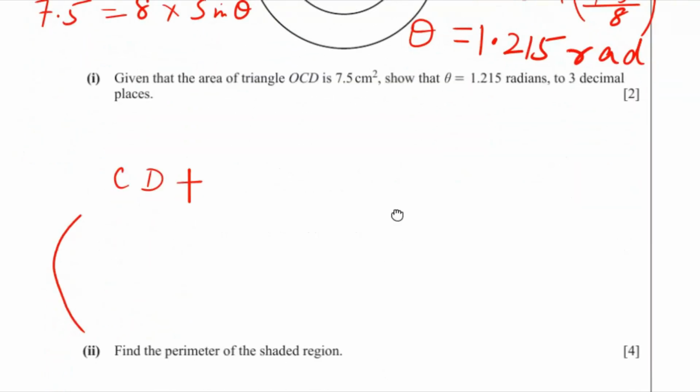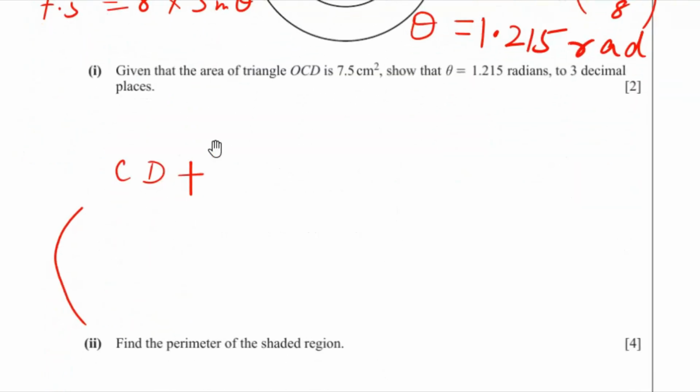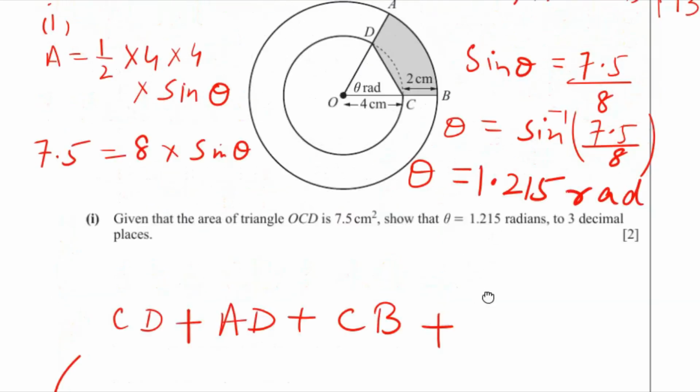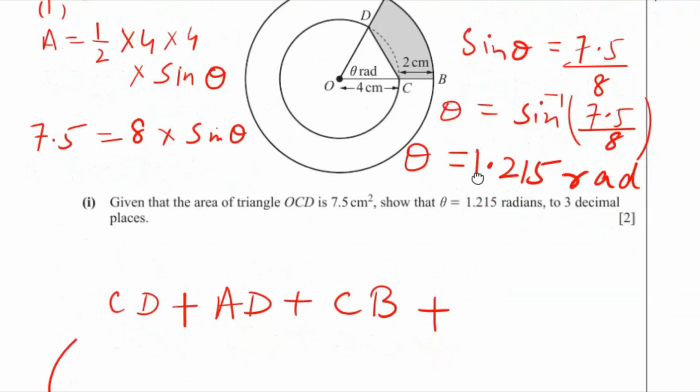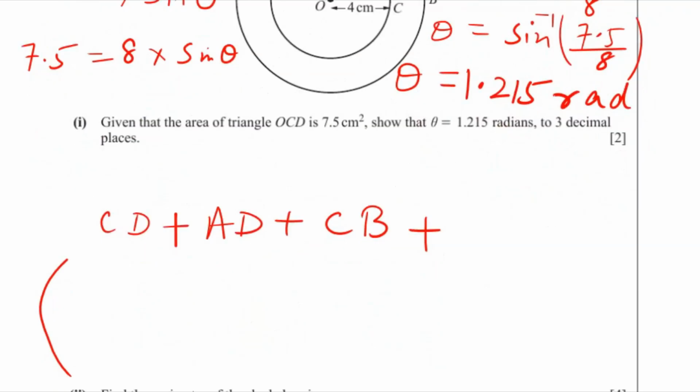line AD, line CB, plus the arc length AB.